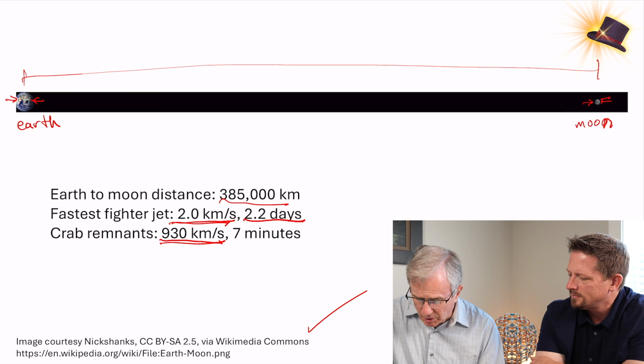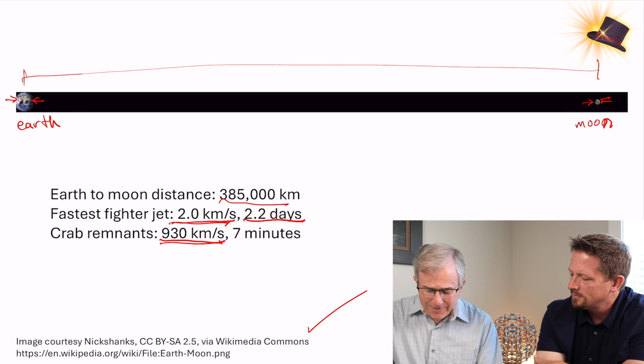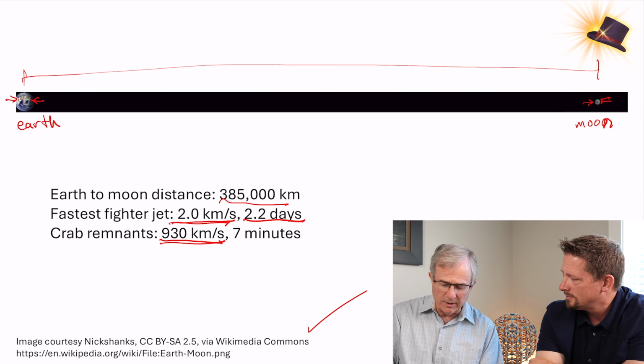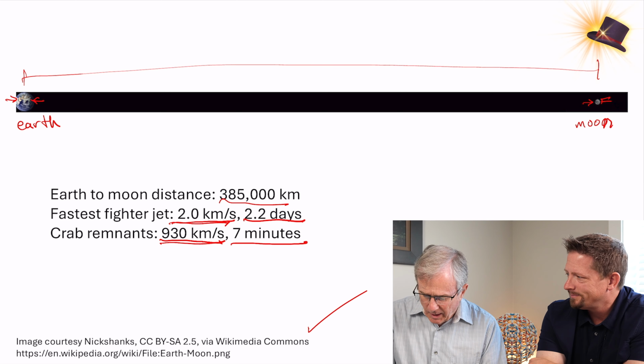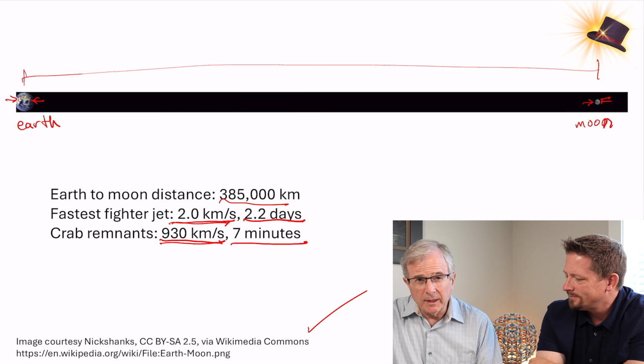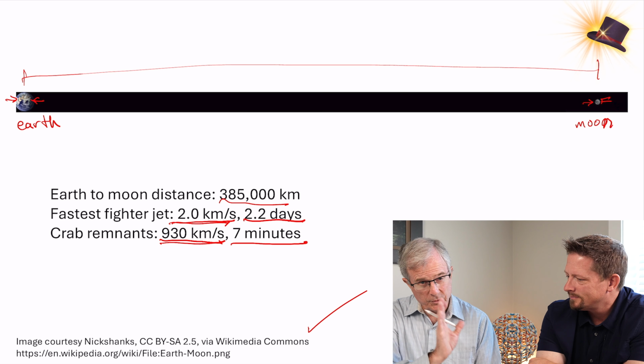So compared to 2 kilometers per second, 930 is about 1,000, so it's 500 times faster than the fastest jet. And if you work out how long it'll take to get from the Earth to the Moon, those remnants take about 7 minutes.